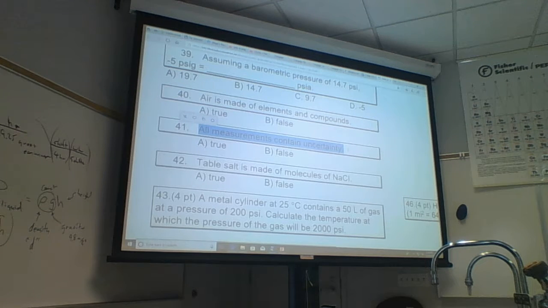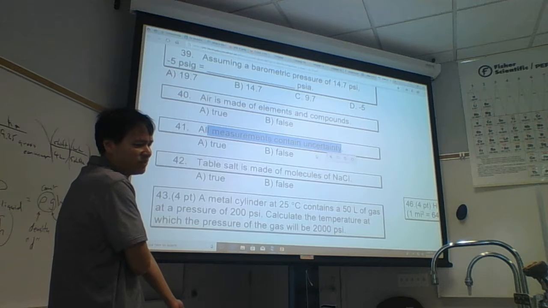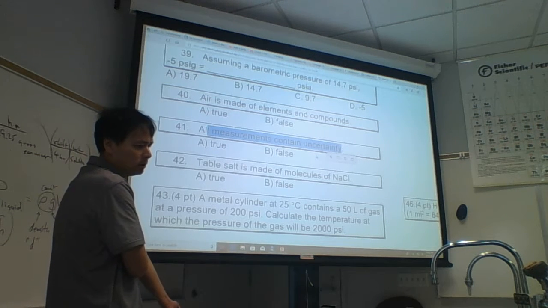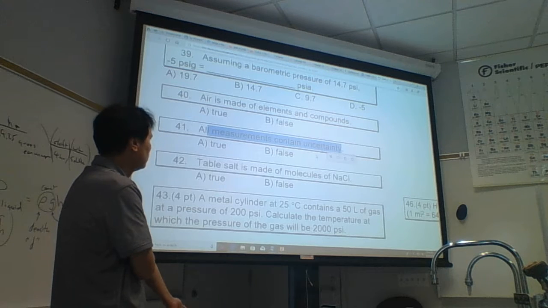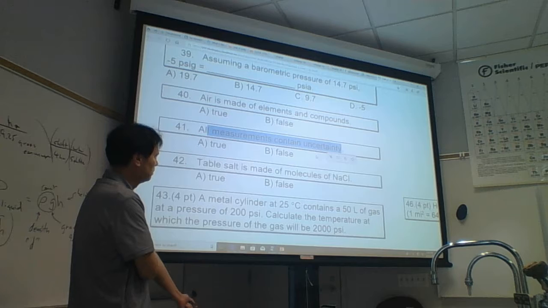This is called the Heisenberg uncertainty principle: all measurements contain uncertainty, at the very fundamental level. We don't notice these things because we live in a macroscopic world. If we were living in the particulate world, then we would notice these things big.